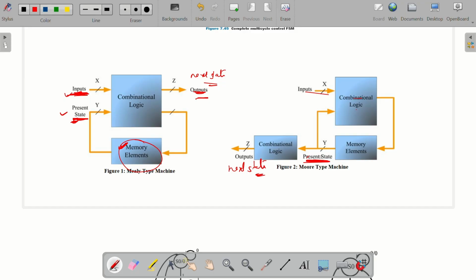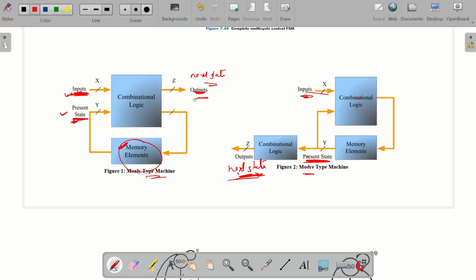You only need your present state, without any requirement of the inputs. This means that the next state will be figured out at every clock edge. Even if your inputs are changing, that won't have any effect on your next state, because at every clock edge your next state will change based on the present state only. That is the difference between Mealy and Moore.